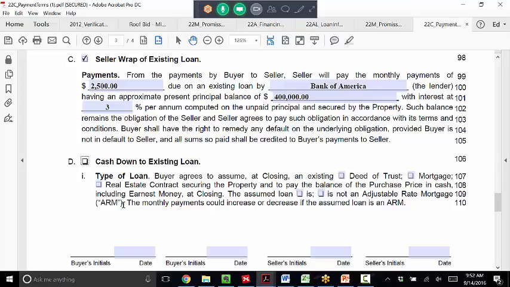So that last sentence means if I fall behind on my mortgage, as long as Doris is current with her payments to me, she can go and cure my delinquency. And any money that she spends to do that goes against what she owes me, pays down her balance. The reason she would do that is if I fail to get caught up and B of A forecloses, she's out.